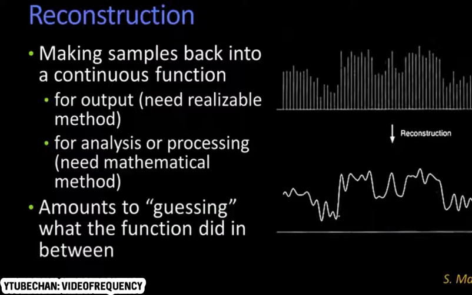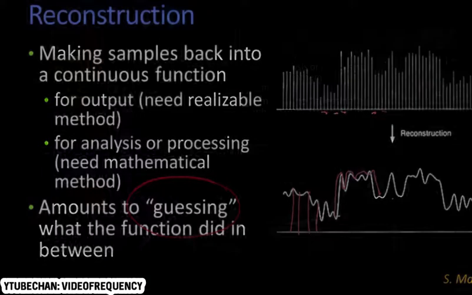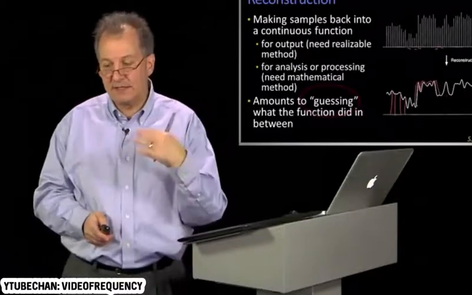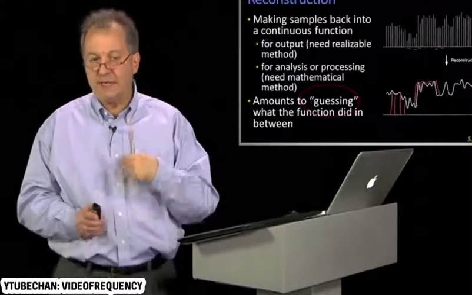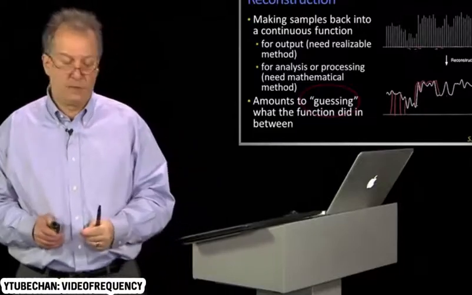So essentially you have to guess what's going on between each of the samples. That's all you can do. You have the samples at discrete places, but you need to connect the dots, if you will, and fill in what's going on. A lot of what we're going to talk about today has to do with what's actually going on when you take a set of samples and then try to guess what's in between.